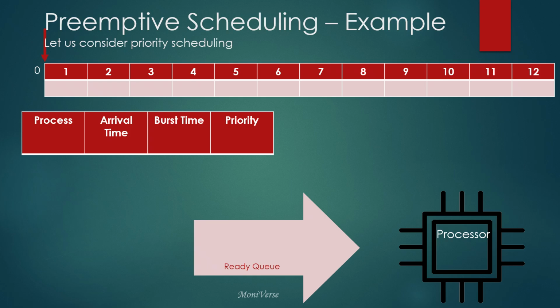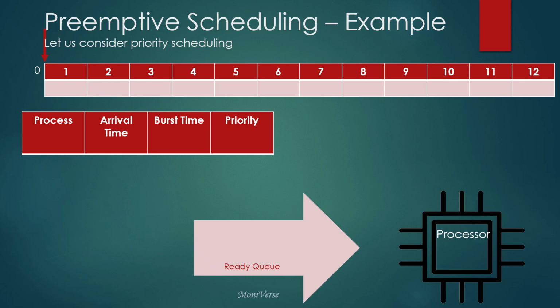In such cases, the current process which is running in the processor will be stopped and removed from the processor, making space for the new process which has an emergency to enter the processor and run for execution.